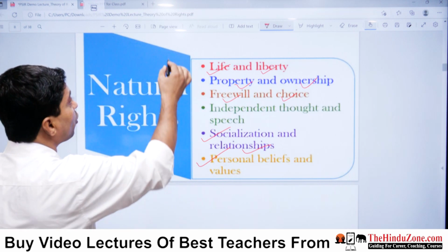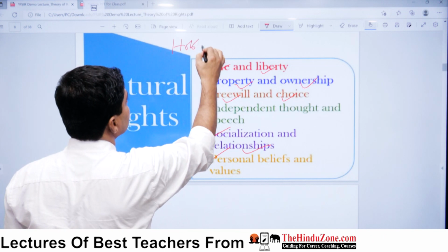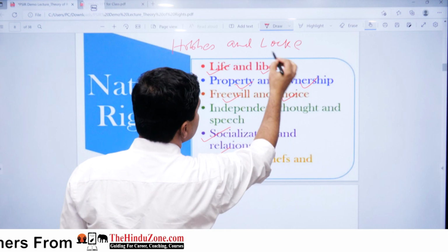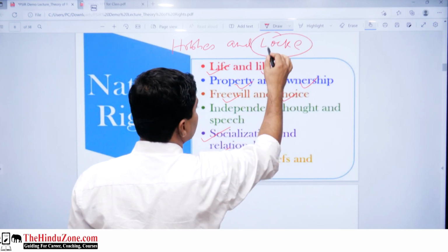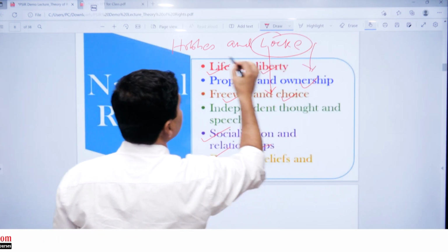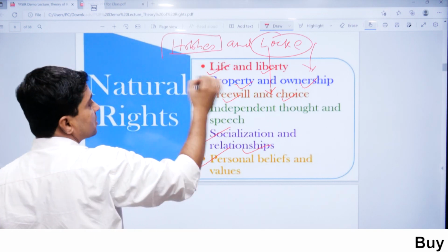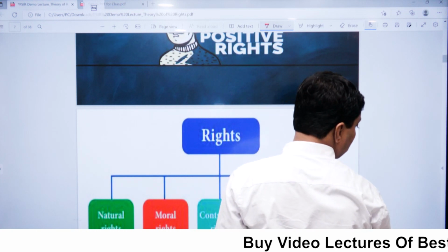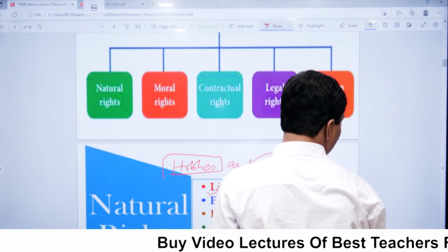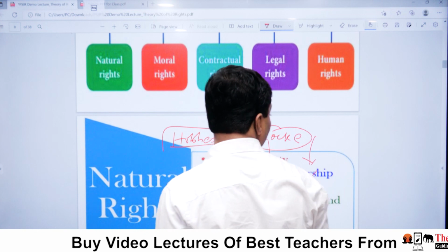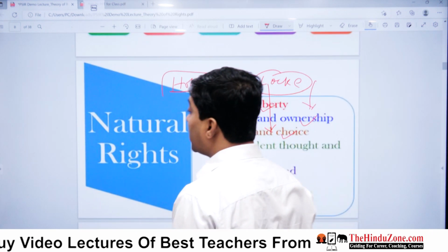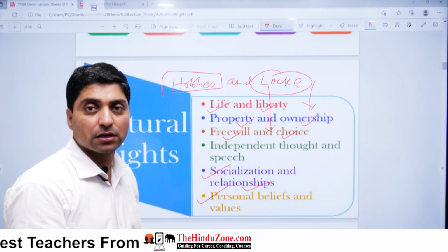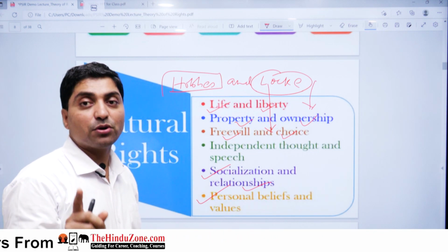Who are the thinkers? Hobbes and Locke. So this is basically a Lockean idea. If you go to Hobbes, he will say that, okay, in the state of nature each individual has rights, but after the formation of government, the individual has the rights which law permits, and the right to life.